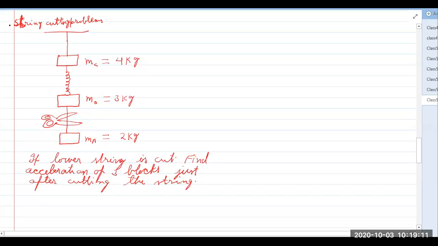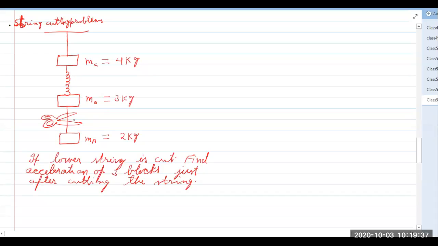The spring will take some time to contract or expand. Whatever the position, the same configuration will remain immediately after cutting the string, and it will change only after some time.